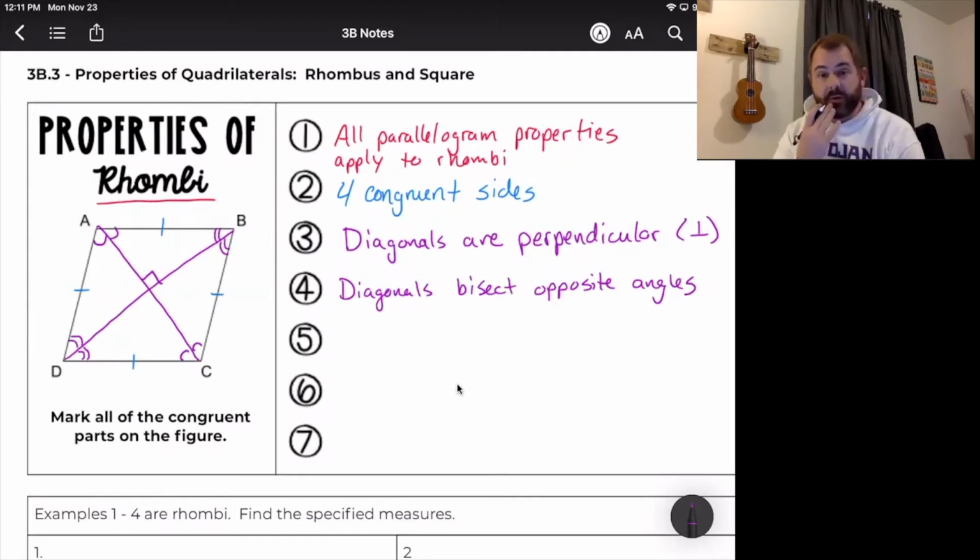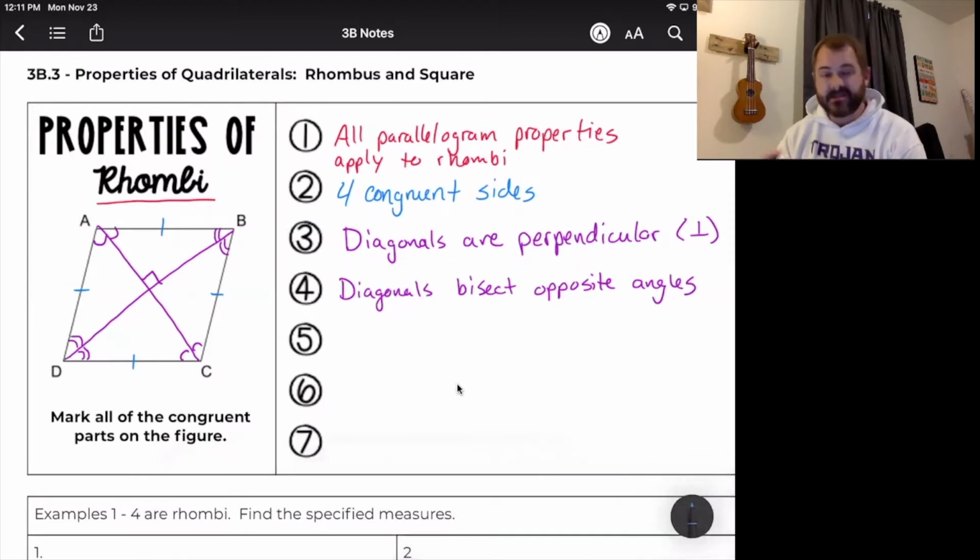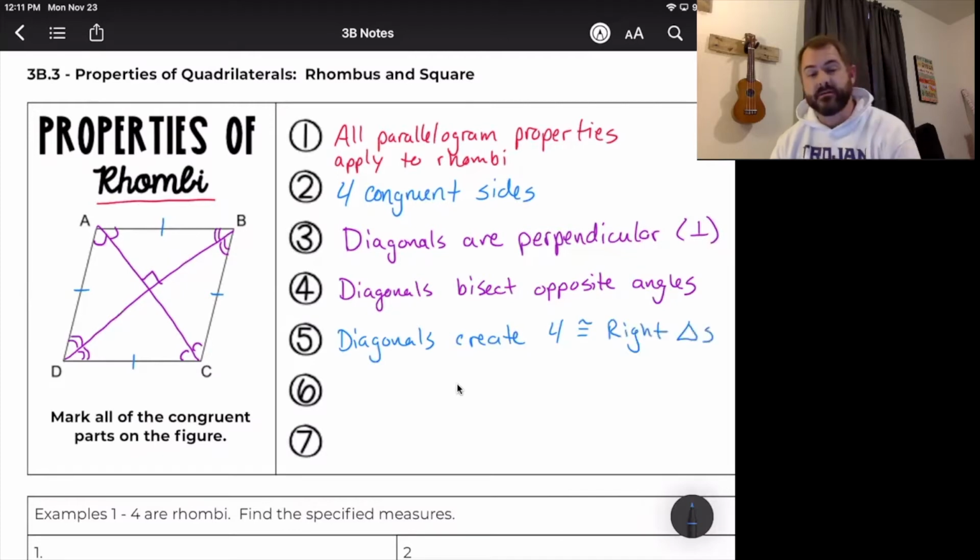As we move forward, we are looking at one more key idea that is going to be useful to us, and that is this. Since the diagonals are perpendicular, we know that these diagonals create four congruent right triangles.